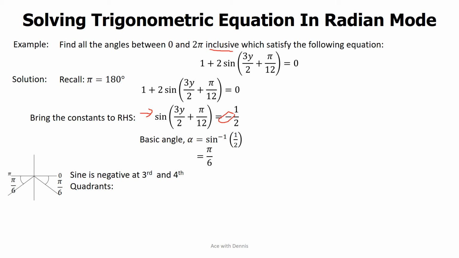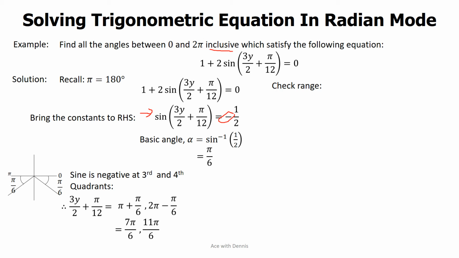Therefore, the angle 3y over 2 plus pi over 12 equals, in the third quadrant, pi plus pi over 6, and in the fourth quadrant, 2 pi minus pi over 6, which should give us 7 pi over 6 and 11 pi over 6.